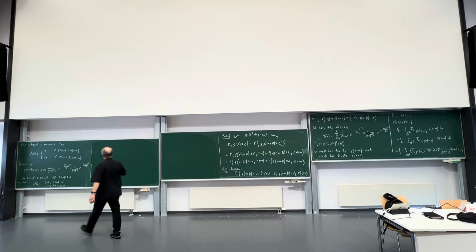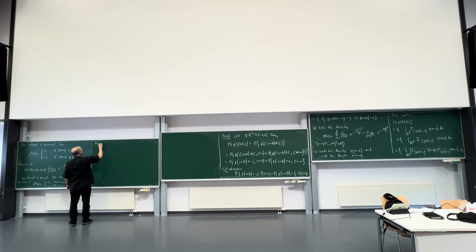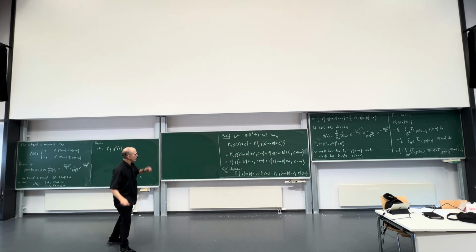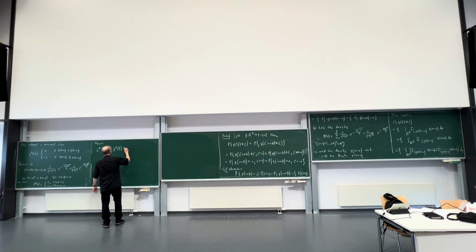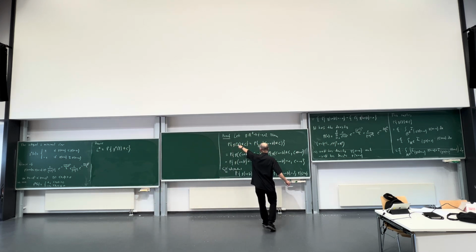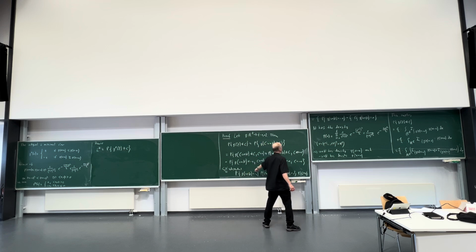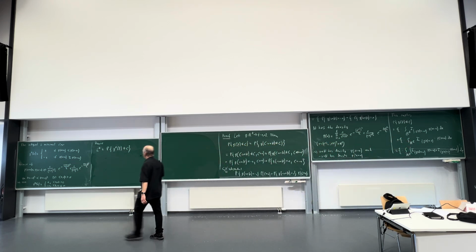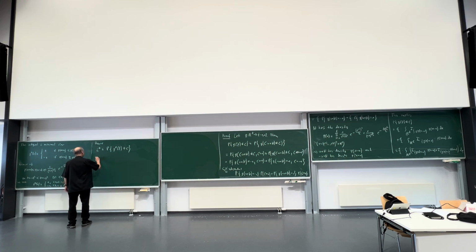So hence we have our L star is just the probability that G star of Z is not equal to C. And now we do the same thing as we did here with G star instead of C above.